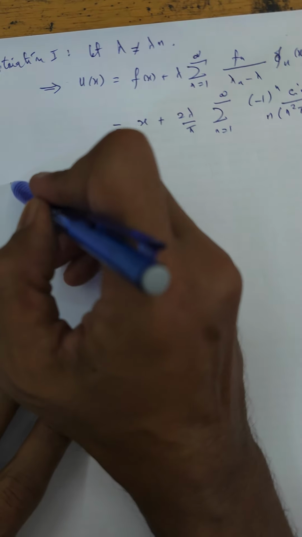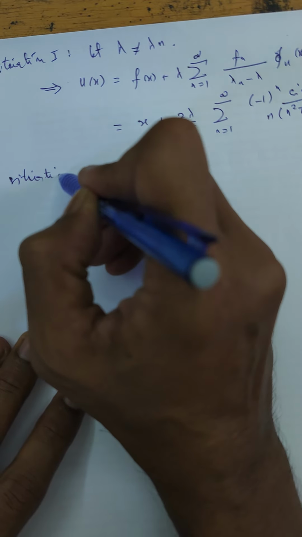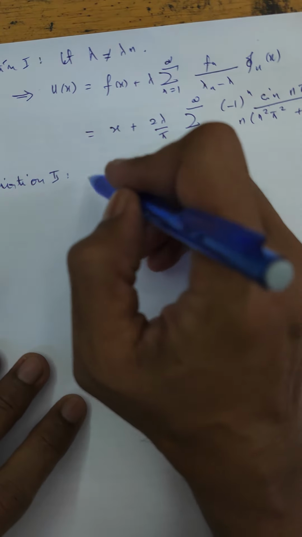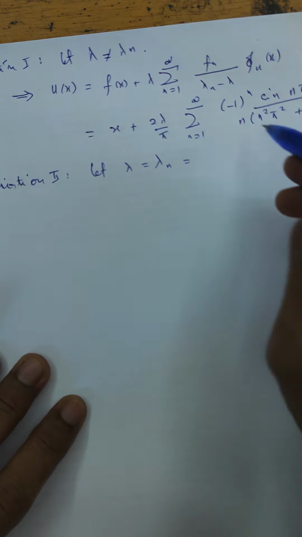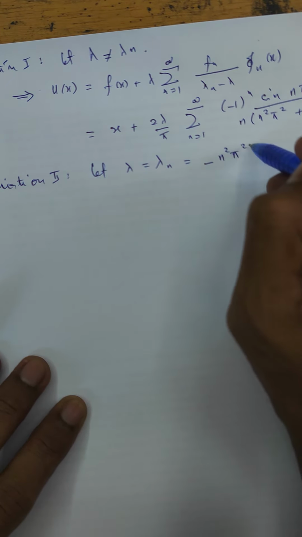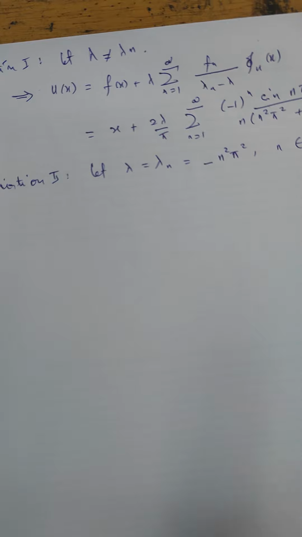Okay, and then situation number 2. Situation 2, we let lambda equal to lambda n, which is equal to minus n squared pi squared, for all n as a natural number, just for all n, 1, 2, 3, 4, 5.